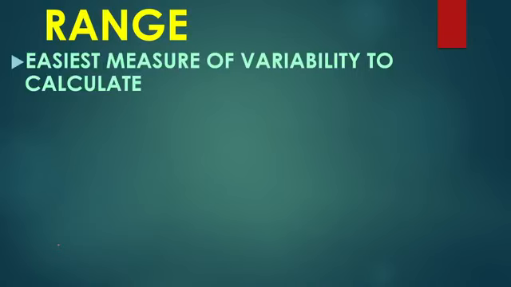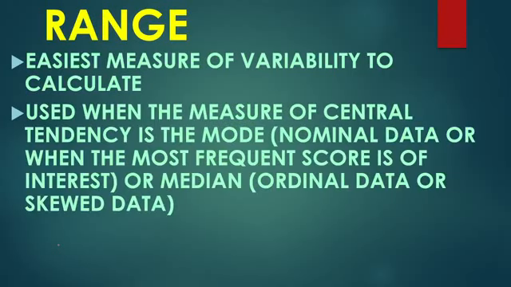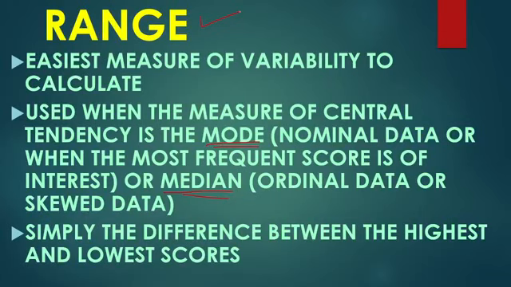It's the easiest measure of variability to calculate. Okay? Used when the measure of central tendency is the mode and the median. So if you're having mode and median, the appropriate variability measure there is the range. And how do you solve the range? It's so simple. You will simply get the difference of the highest and the lowest score.